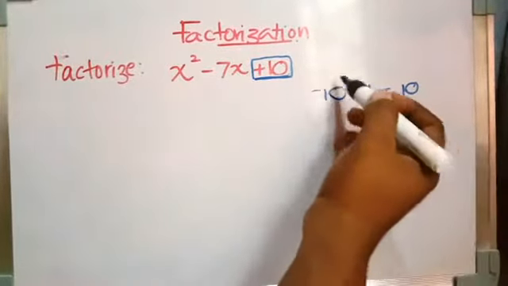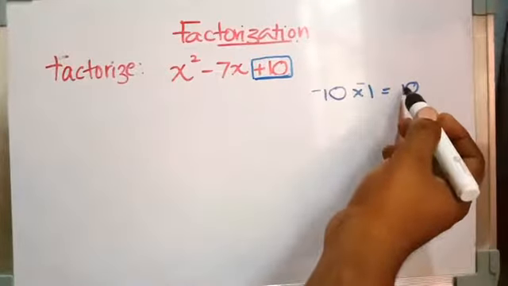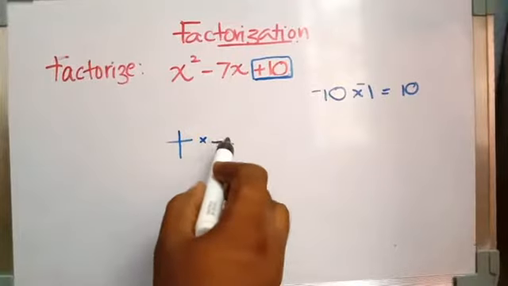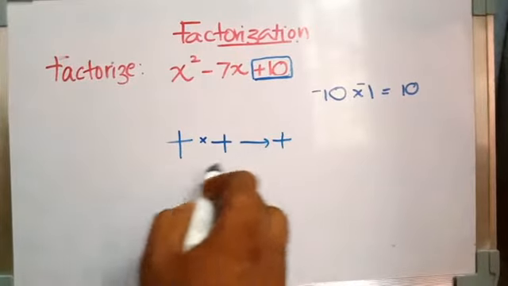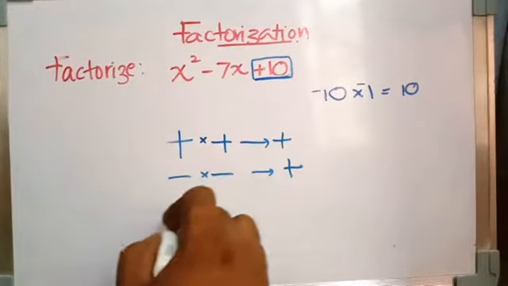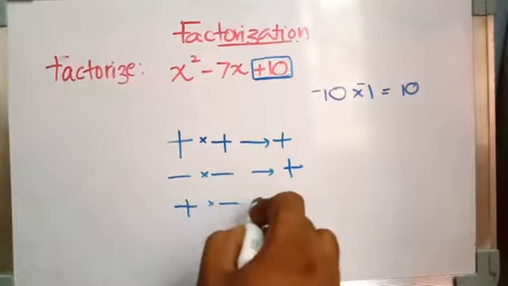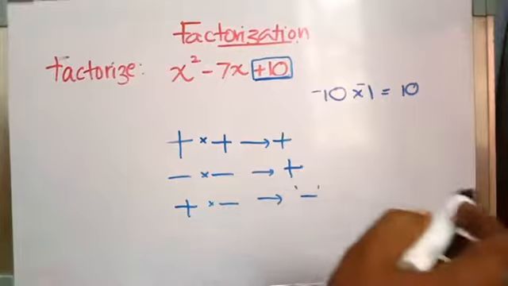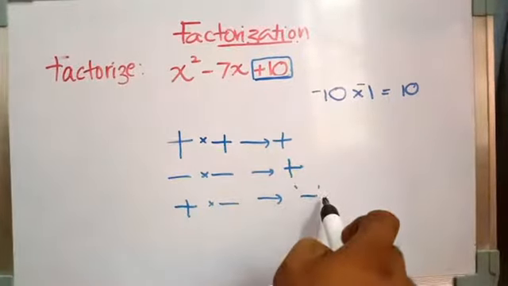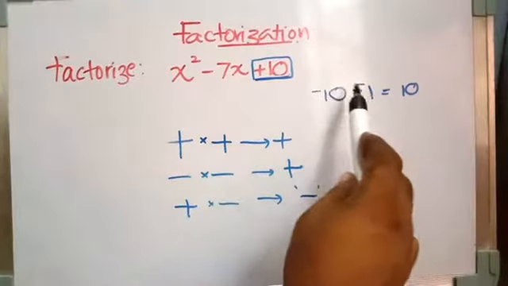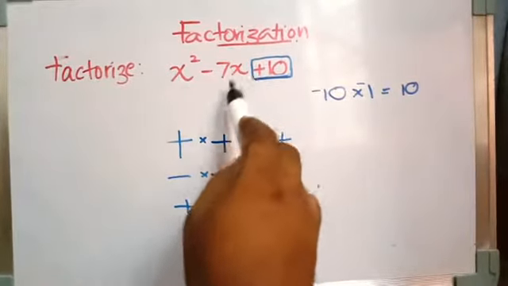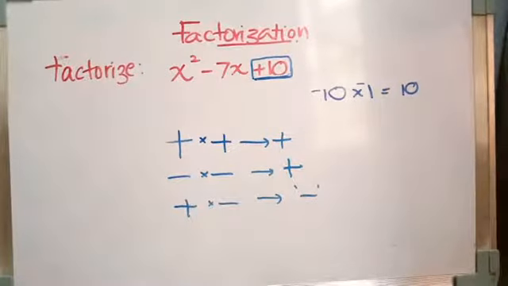If only one is negative, we'll get a negative answer, because you have to remember plus into plus is plus, minus into minus is also plus, plus into minus is minus. So if the signs are different, you get a negative answer. That means both should have the same sign, as we have plus 10 as the last term. Okay.